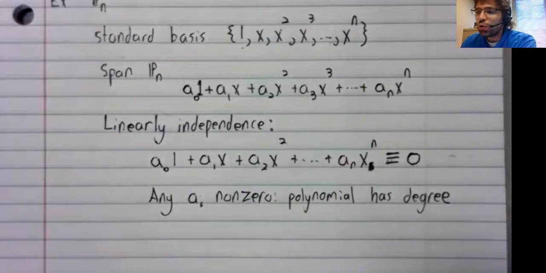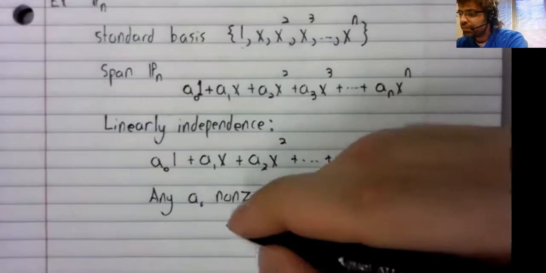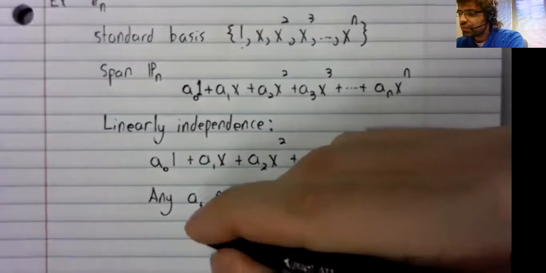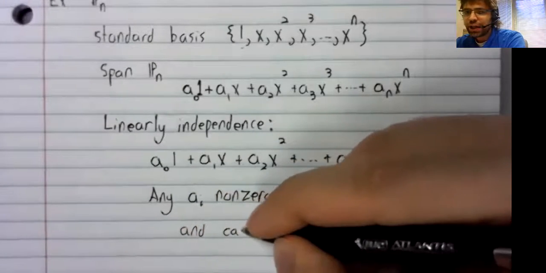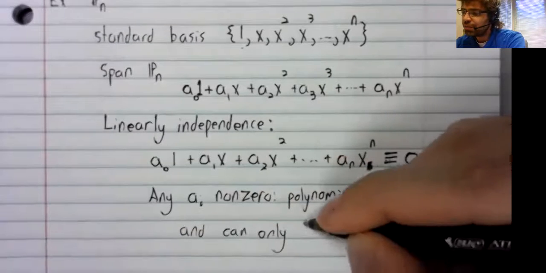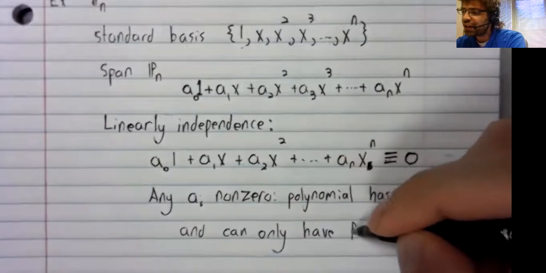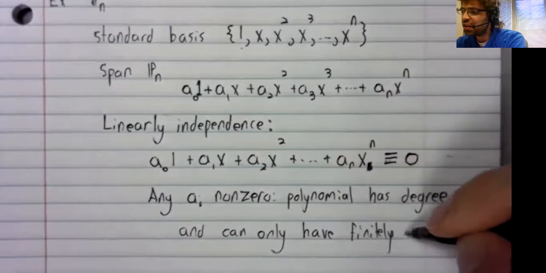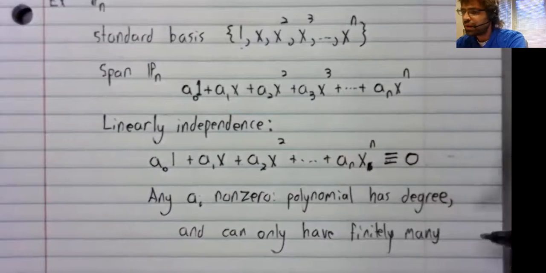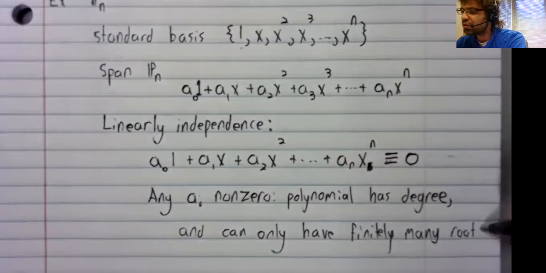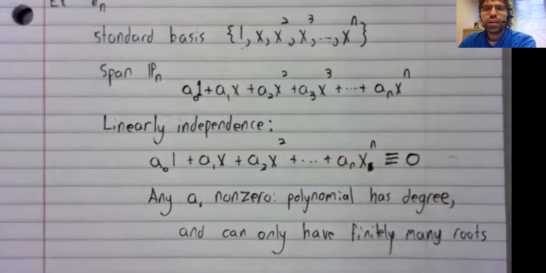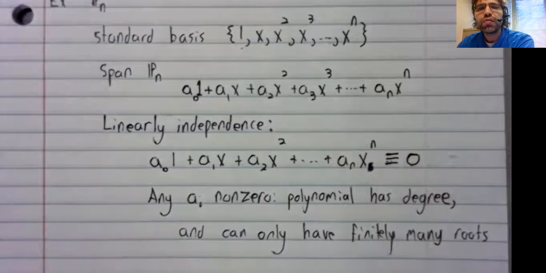Any polynomial with a degree can only have finitely many roots. A polynomial of degree n can have at most n roots. For example, a polynomial of degree 2 can have at most 2 roots.